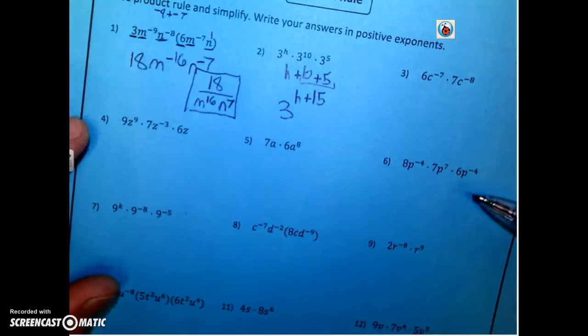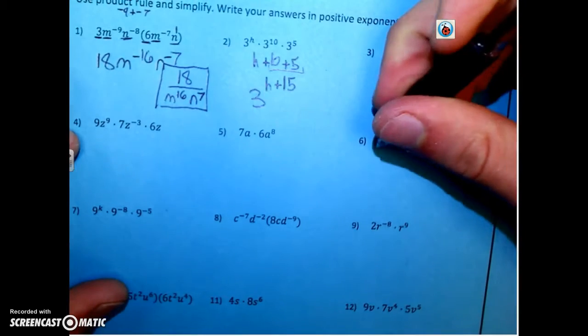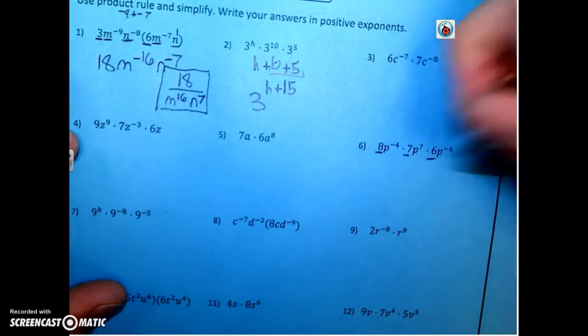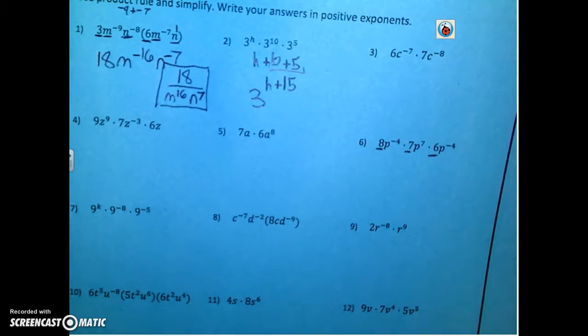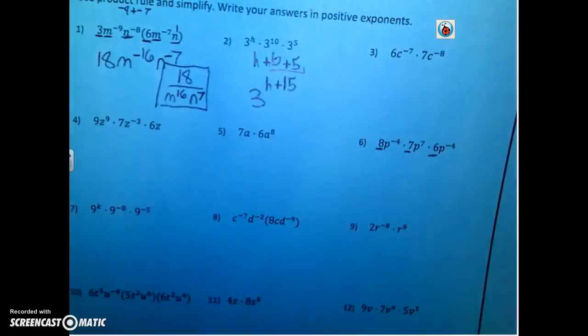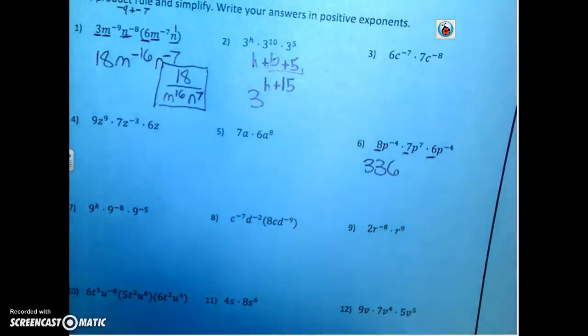All right. Here's some other ones though for us where even if there's 3 terms, we multiply our regular numbers. So we've got the 8 times the 7 there, and then we also need to multiply it by the 6. All 3 of those numbers must multiply together. Doesn't matter what order you do them in. When I do the 8 times the 7 times the 6, we get a 336.